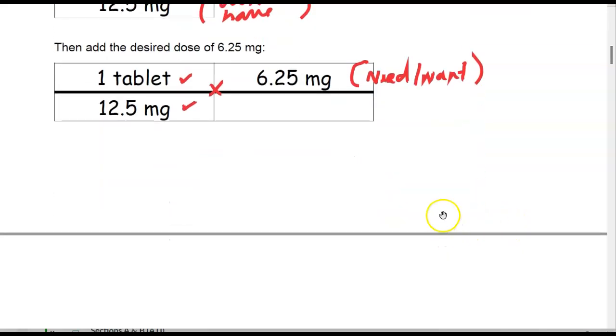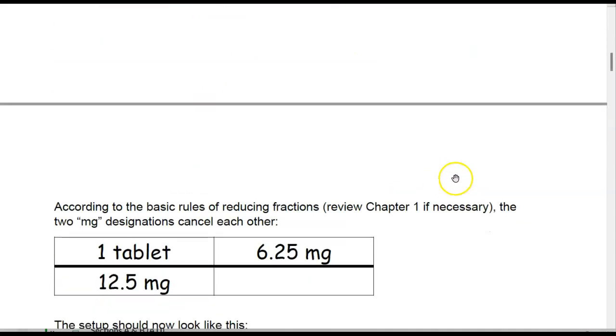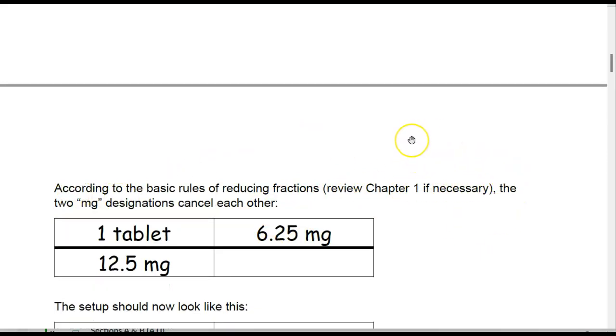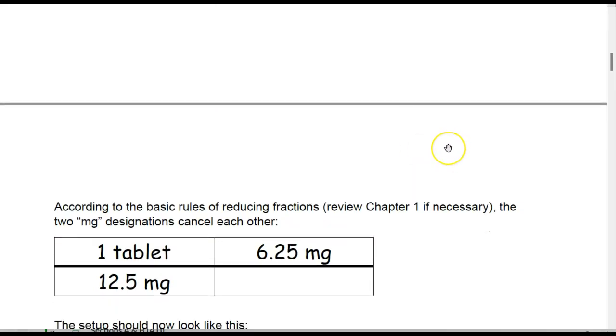According to the basic rules of reducing fractions, review chapter 1 if needed, the milligram designations cancel each other. When you're multiplying fractions and you also have your units of measurement, this one is canceled by this one. Now you're left with just the tablet.